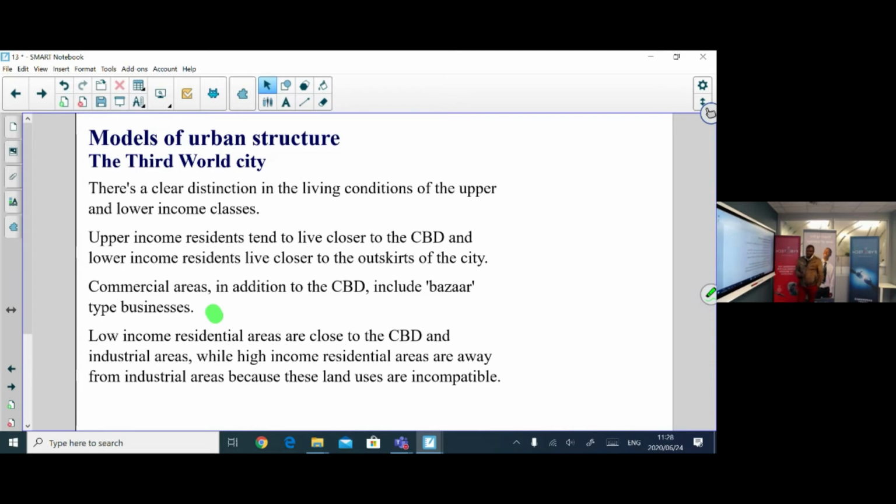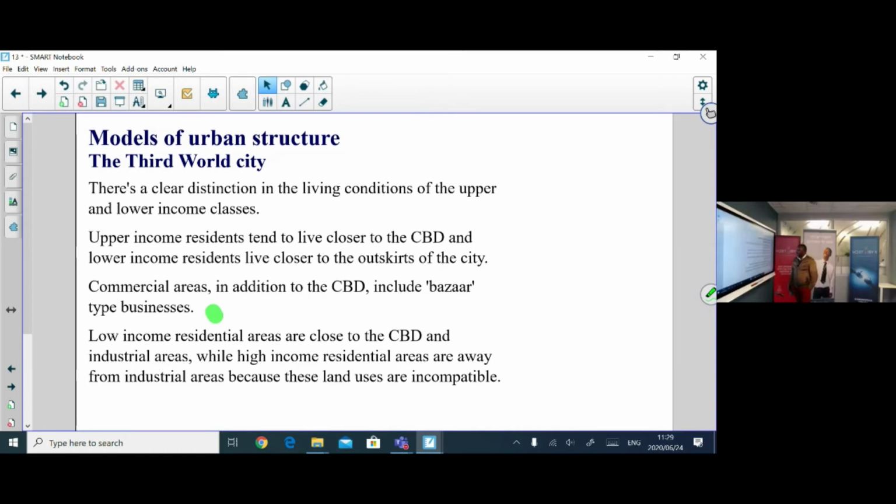That's the difference with the multiple nuclei model that we dealt with yesterday. In this regard, you find that it is actually the upper residents that tend to live closer to the city, and lower income residences live closer to the outskirts of the city.